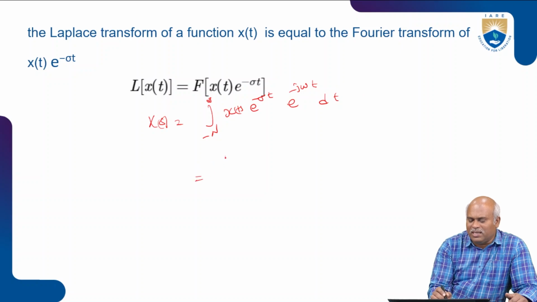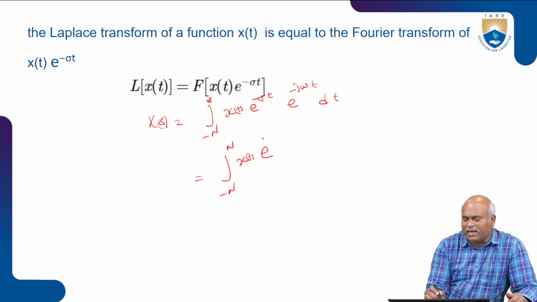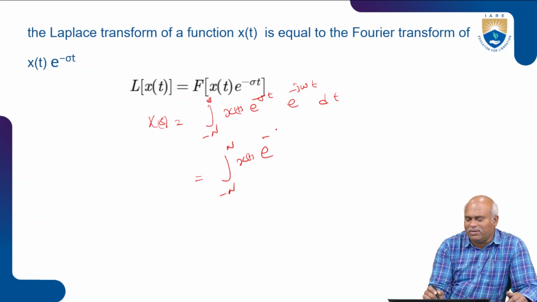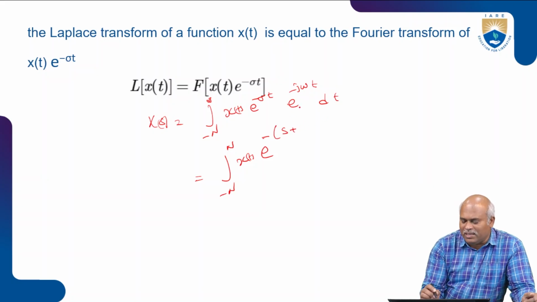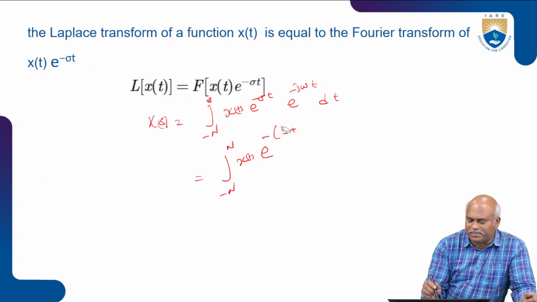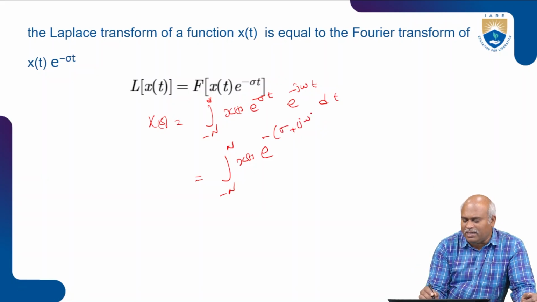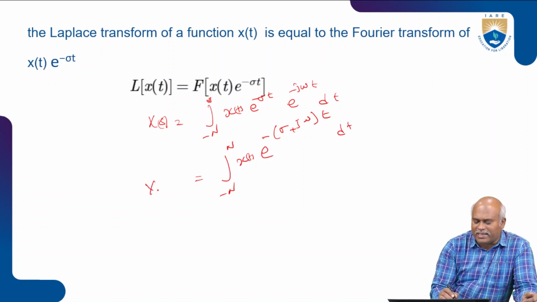So this is the integration of x(t) e^(-(sigma plus j omega)t) dt. This is X(s).